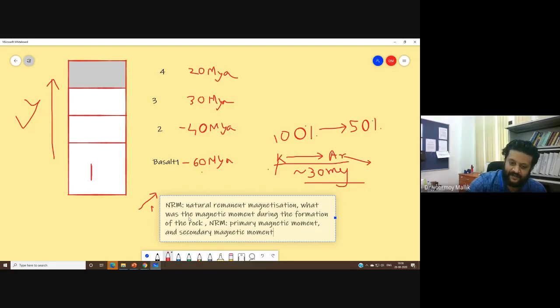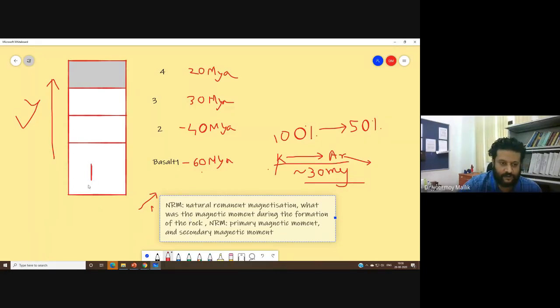So that had changed the primary magnetic moment a little bit, but there are ways to filter out the secondary magnetic moments or the induced magnetic moment and calculate the primary magnetic moment from the rock. Okay? So what we are after is to find out the primary magnetic moment.